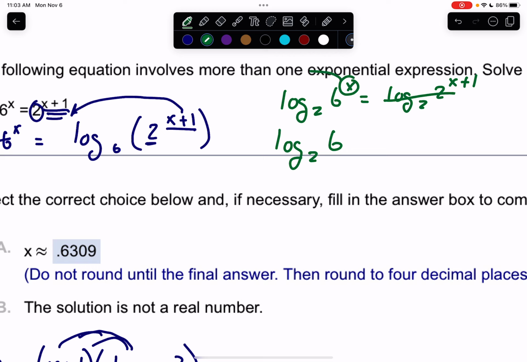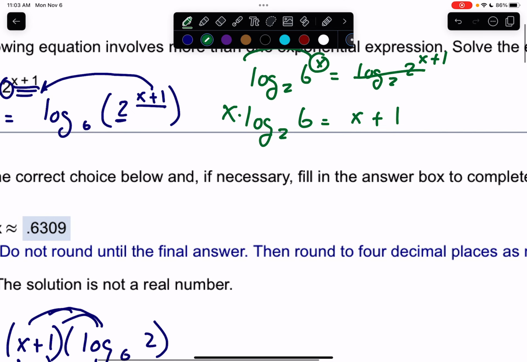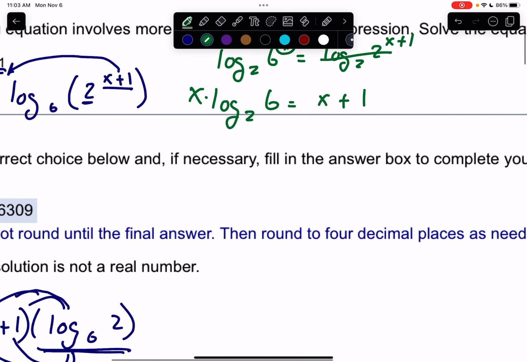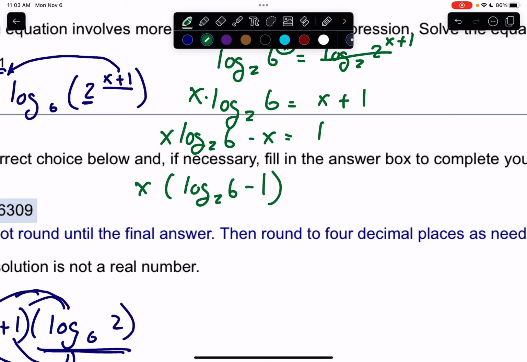Now that x would come out to the front, so let's put x times that, and then you would just get x plus 1. Then we do the same idea where we move the x over, factor out the x, and then divide both sides by that.